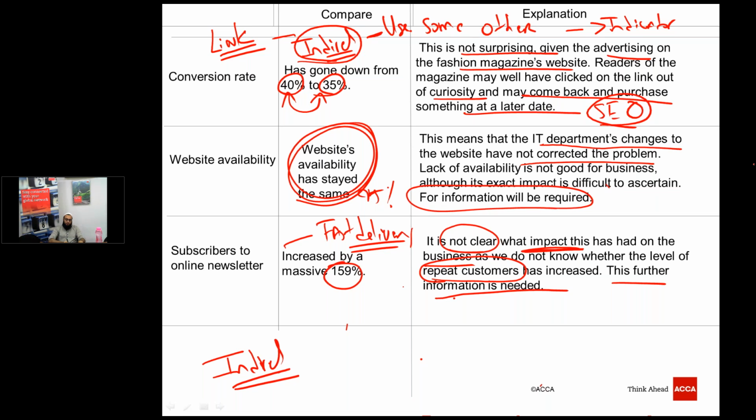The point was how many people came to the business again.